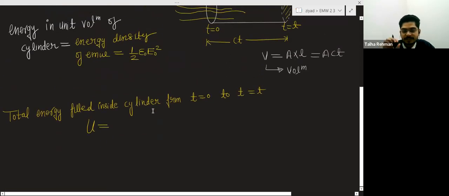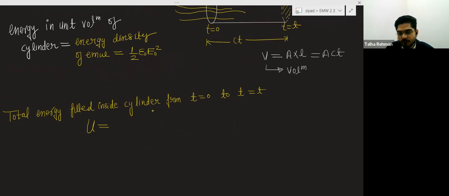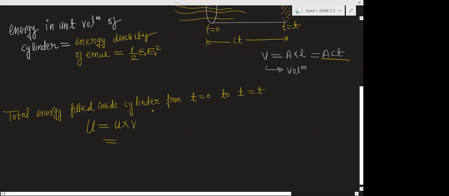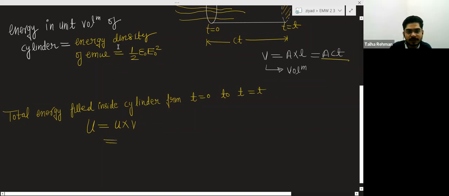So total energy in the cylinder, having a volume A c t, will be the energy density of the electromagnetic wave multiplied by the volume.